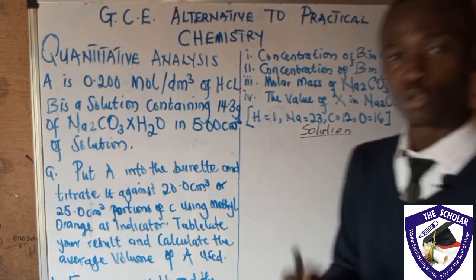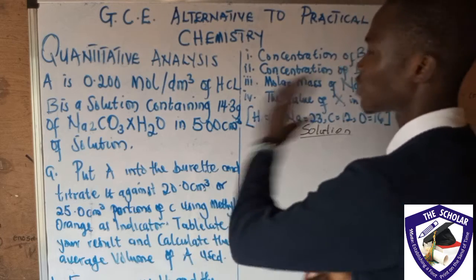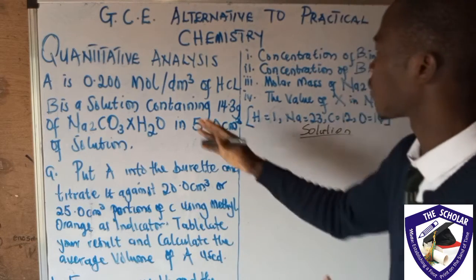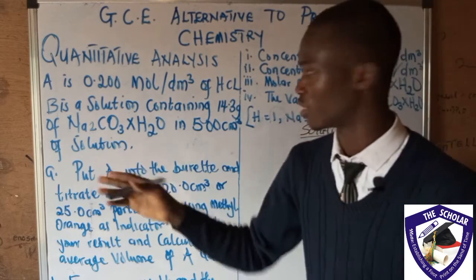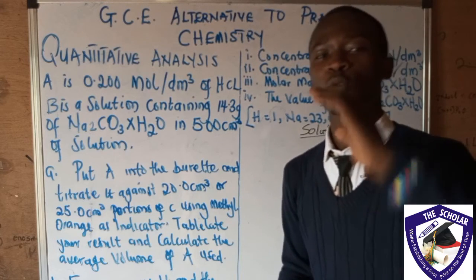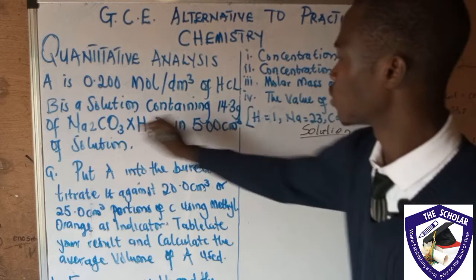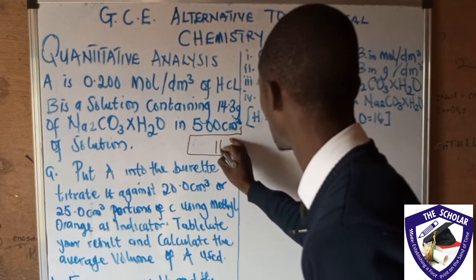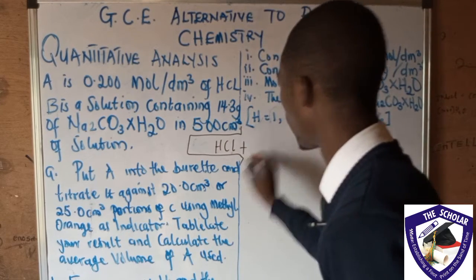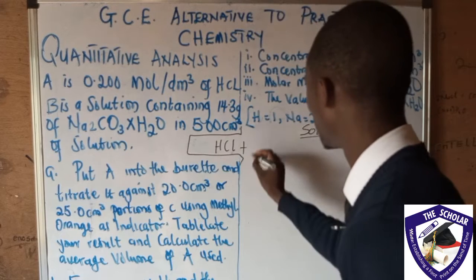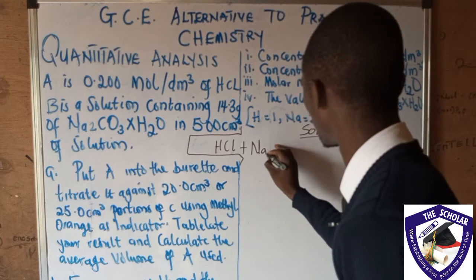The first thing to do when calculating or solving questions under practical chemistry, quantitative analysis, is to write out your equation of reaction first. The equation of the reaction. So we have HCl plus solution B, Na2CO3.